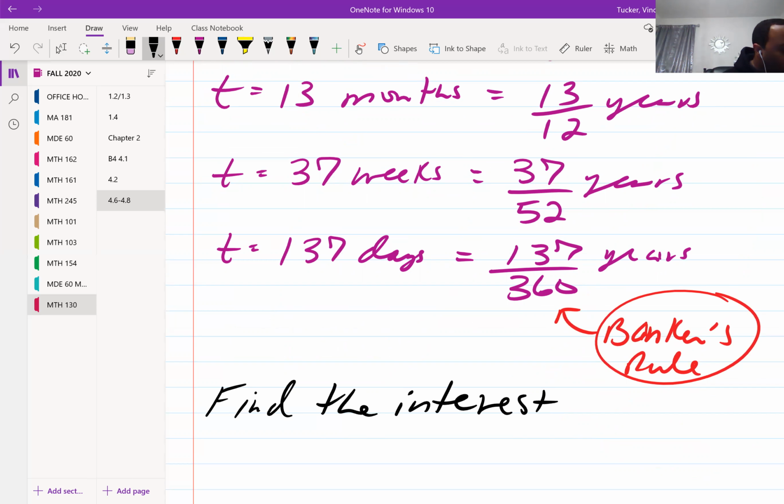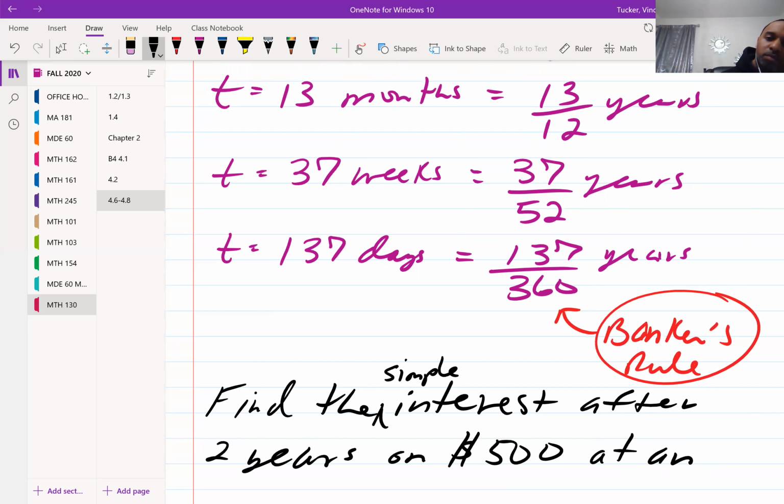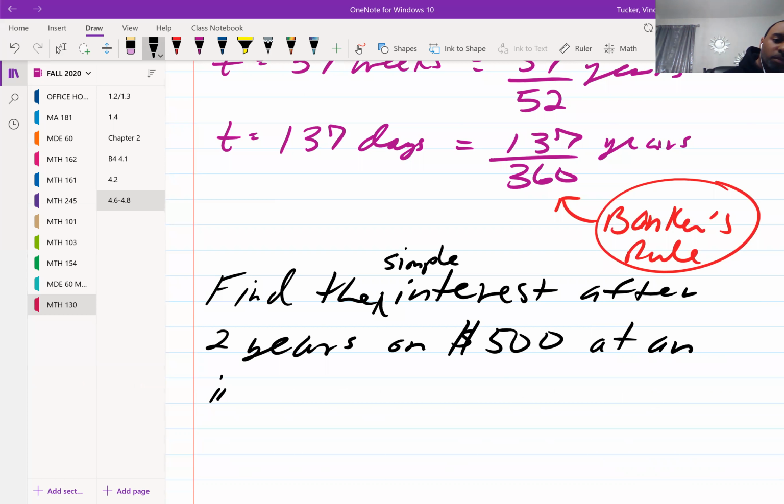I probably should have put simple interest. All right, so find the simple interest, and I left out simple right there.